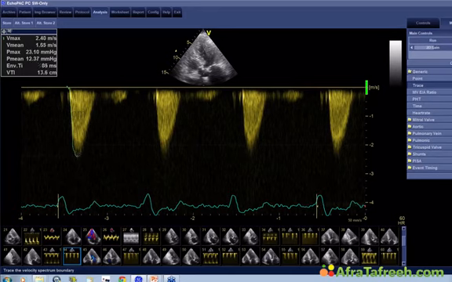You trace the curve, like this. 2.4 meters per second, which calculates to a maximal gradient of 23 millimeters of mercury. We have a mean gradient of 12, or 13 if you round it up. Good. Now with this information, my question to you is, how severe do you think this aortic stenosis is?